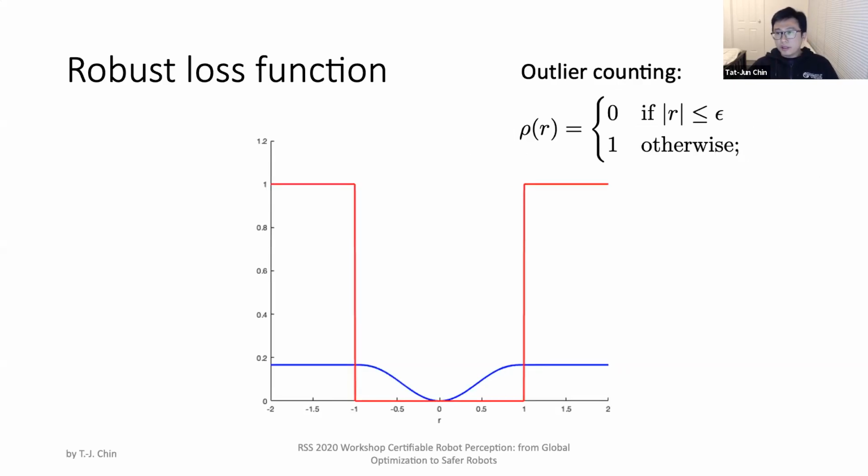In computer vision and in robotic vision, we often use this kind of robust loss function. It's simply counting the number of outliers. Instead of paying attention to how much the error is, we just want to count how many points are within the threshold, and how many points are outside of the threshold 1 in this case.